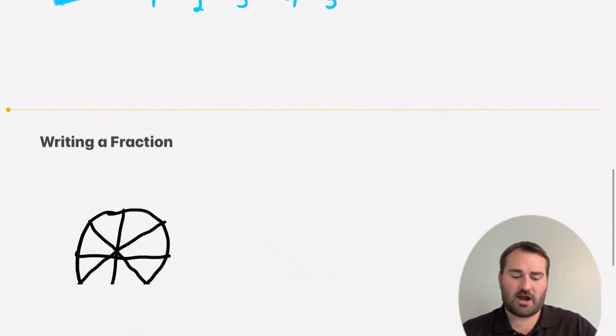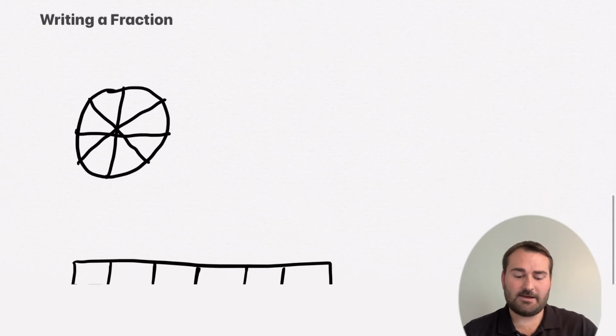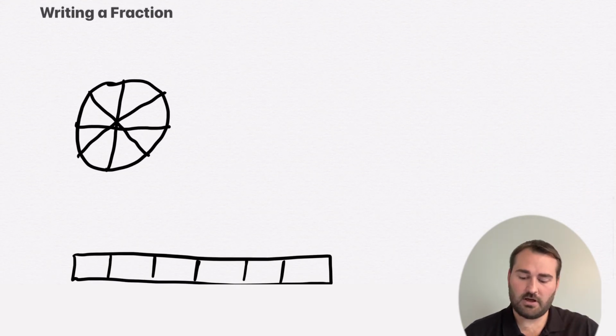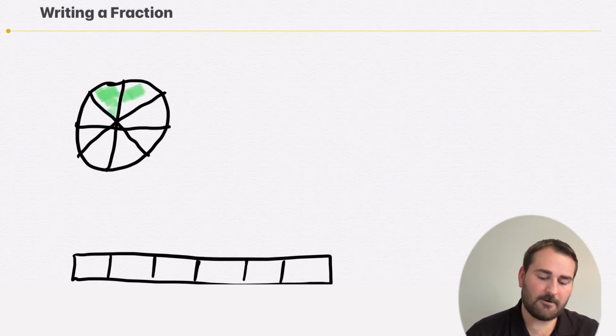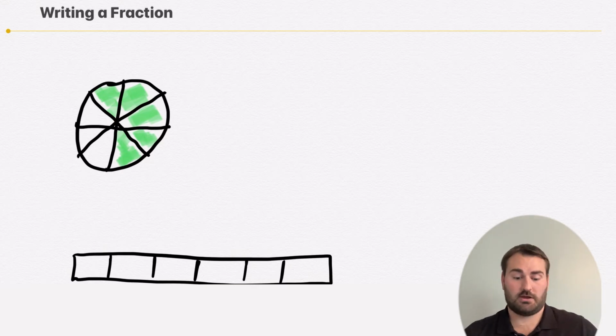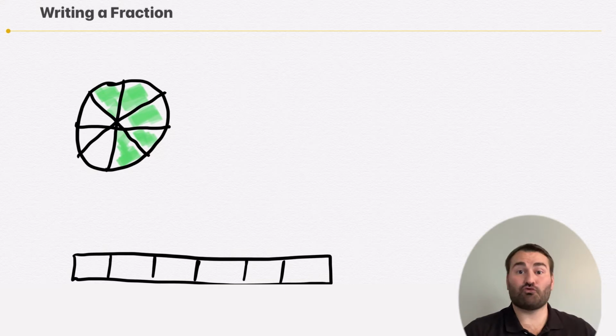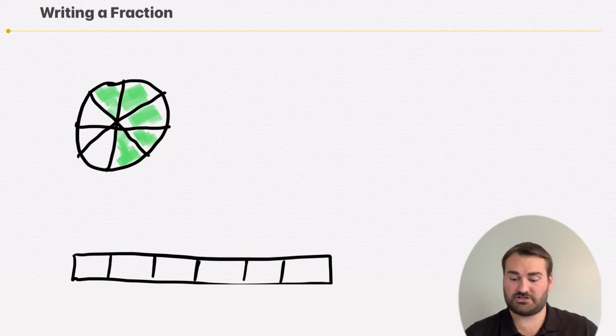Now, writing a fraction. Say you're given a circle that looks like this. Well, we have to then write a fraction from what we see. So we have a circle and we have some shades. How do we write that as a fraction?